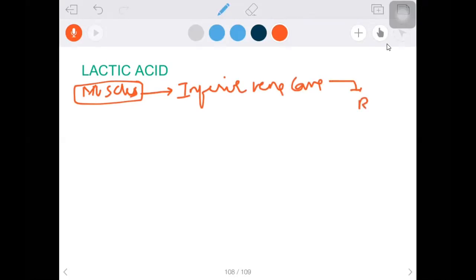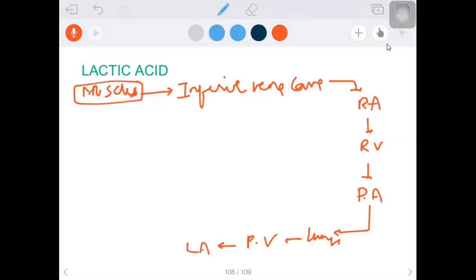It goes to the right atrium, then the right ventricle, then the pulmonary aorta, and we reach the lungs. Then from the lungs it comes back by the pulmonary vein to the left atrium, then the left ventricle, then the left systemic aorta. I'm going a little faster here because we learned this already. Where we have to go actually is that this lactic acid needs to be transported towards the liver.